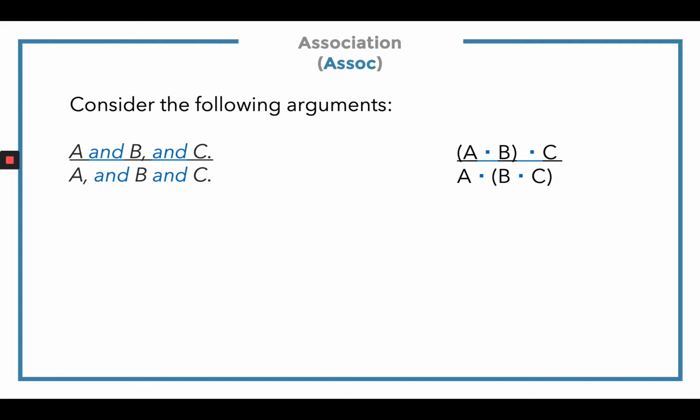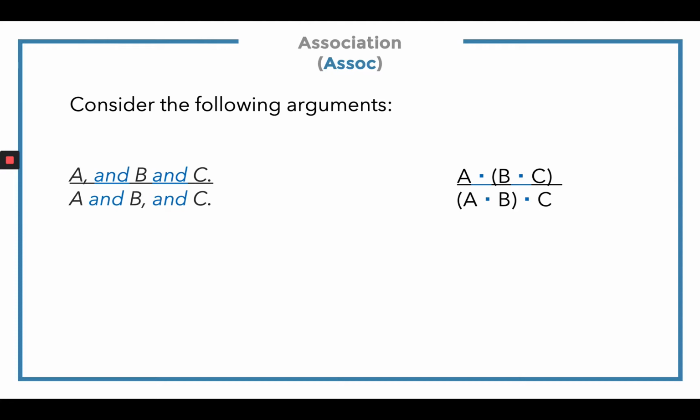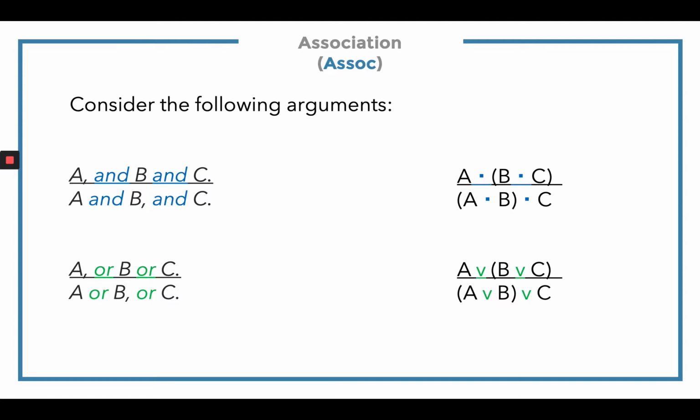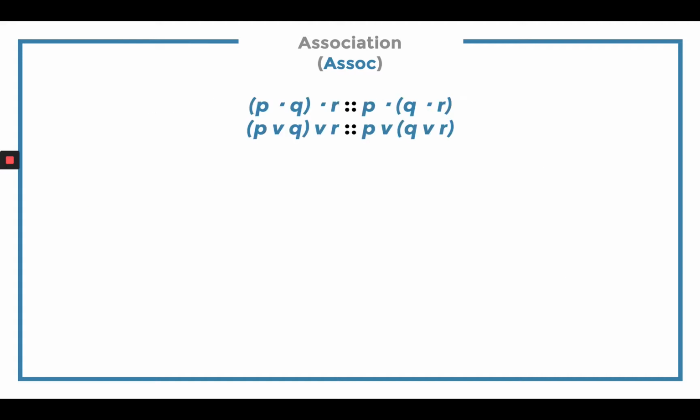These claims are logically equivalent to each other, and so we can just shift where the parentheses are. Same with or. If I know A or B or C, then I also know A or B or C. And I can shift in both directions. Maybe thinking about shifting rather than flipping is the better way to think about it.